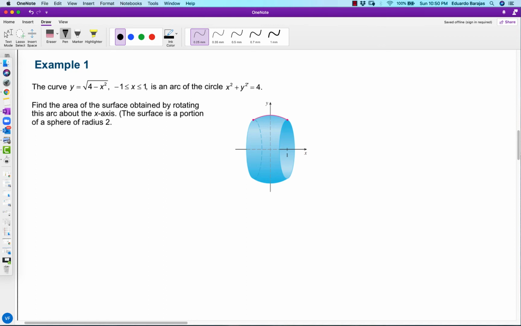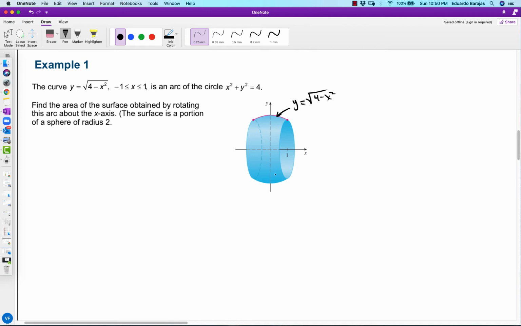So we see that this is a little arc from a circle of radius 2. Find the area of the surface obtained by rotating this arc about the x-axis. This is the shape we get, and this little red arc here is the equation y equals the square root of 4 minus x squared.